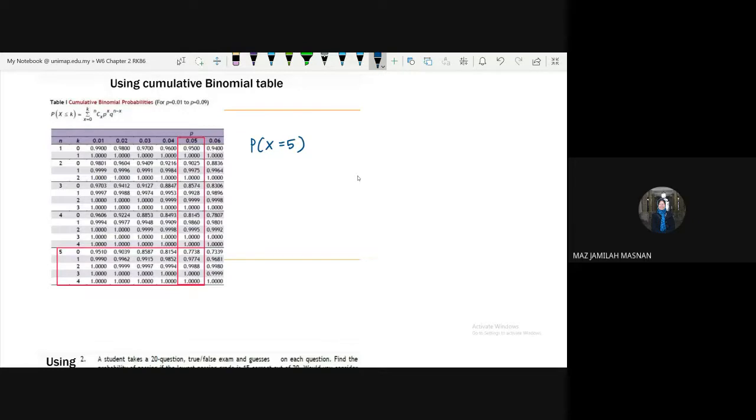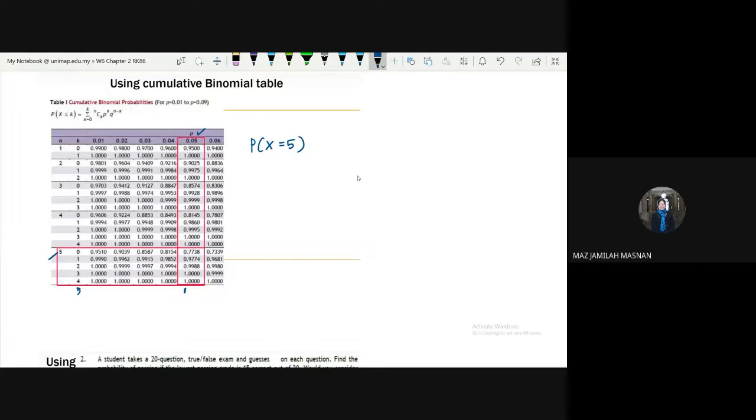In this case, if you are using your binomial table, you look at your probability of success 0.05, and then the number of trials is 5, and then look for 5. In this case, 5 is not given because 5 is already 1 here.